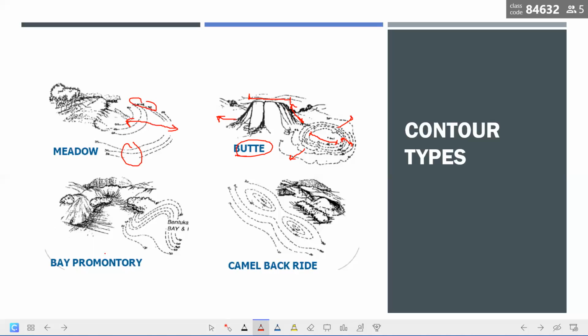Bay promontory. This is sort of like a valley, actually, because it tends to form a directional, I don't know, a visual. It sort of draws your eyes to a certain point within the map or within the landscape.